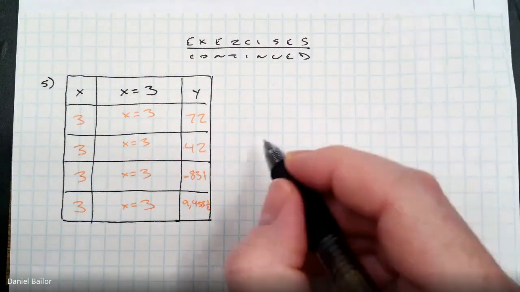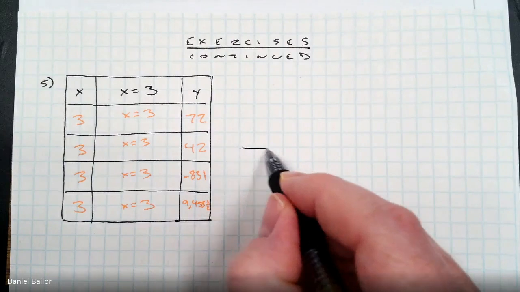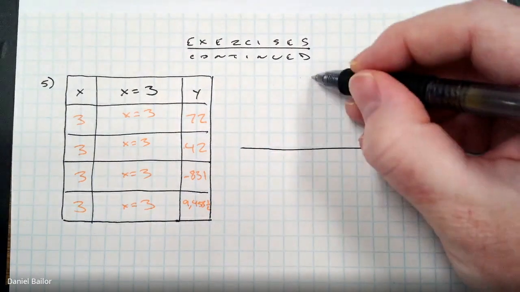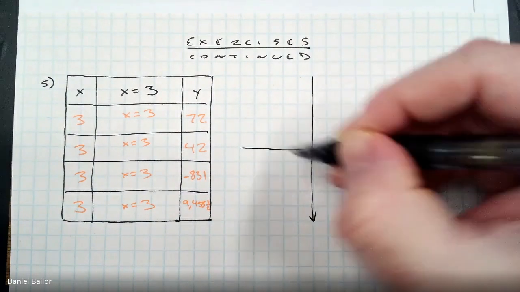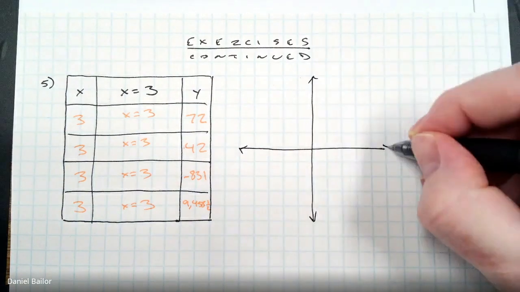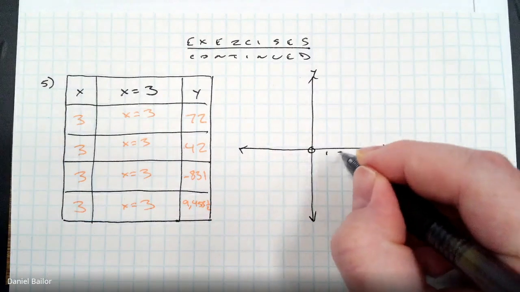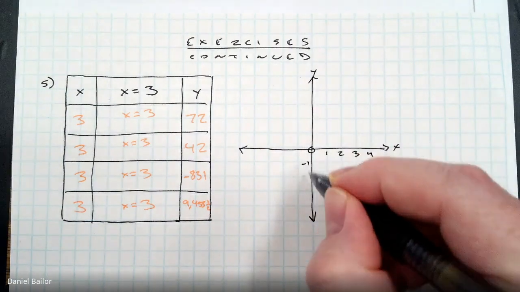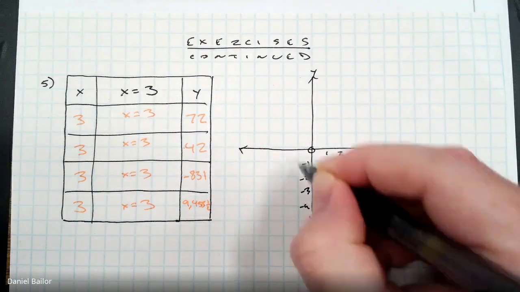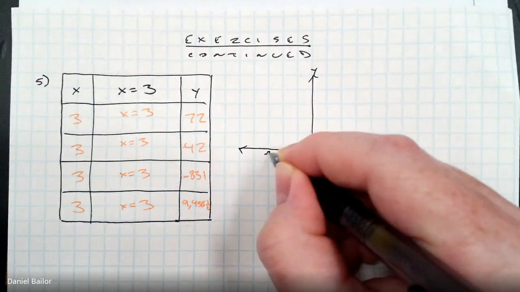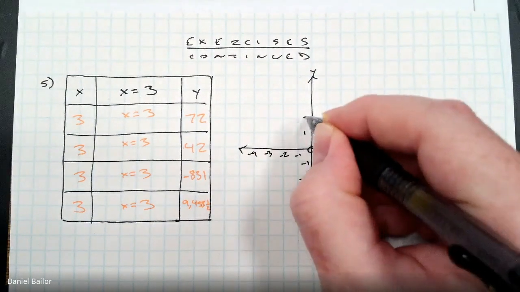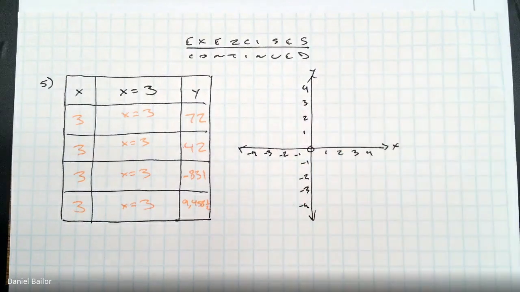So when we graph it, we build a quick graph. And if you cannot build a graph this fast, just keep practicing. Remember, we draw the axes, we label our axes, and we write the intervals.